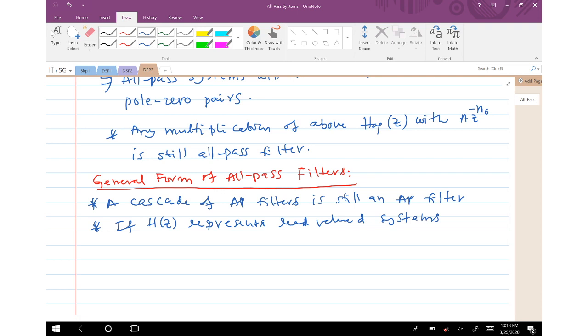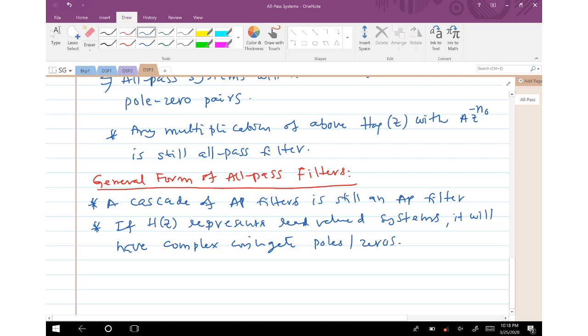It should have its conjugate as well. This we already had seen in the earlier classes. So it has complex conjugate pairs. If at all it has any complex poles or zeros, it will for sure have complex conjugate poles or zeros, right?